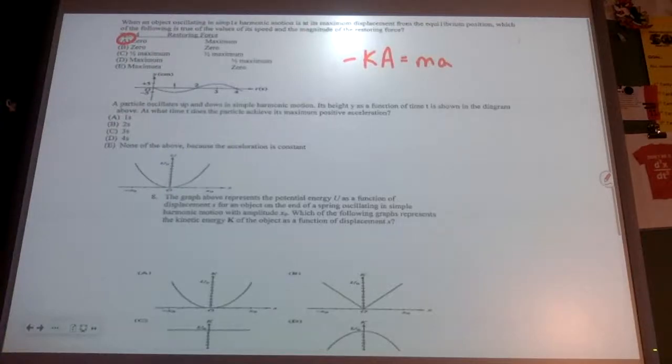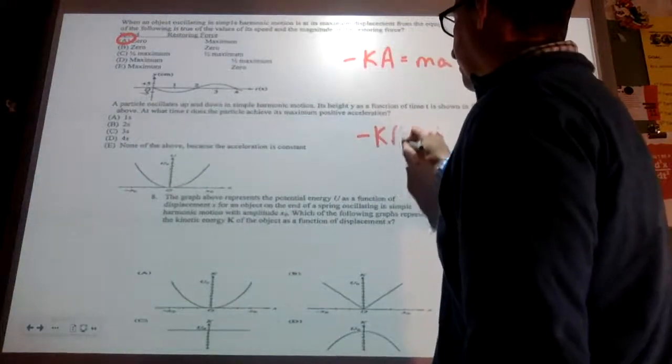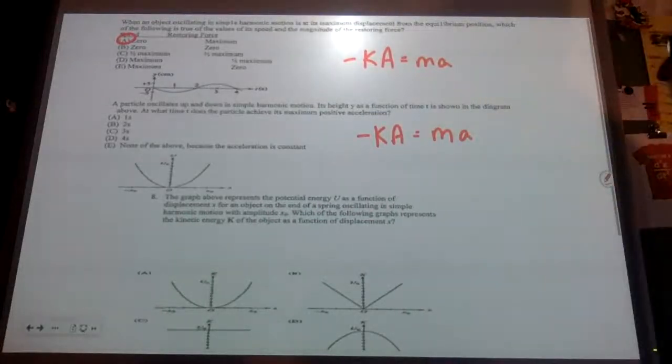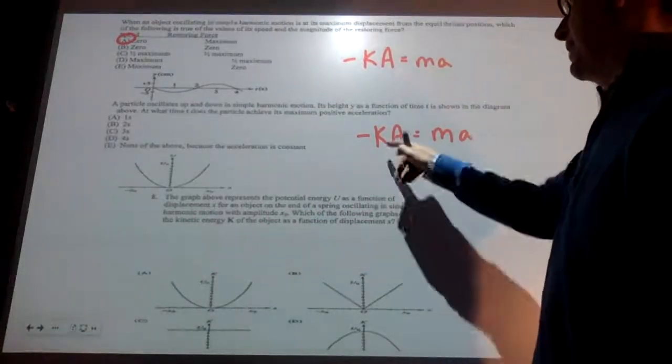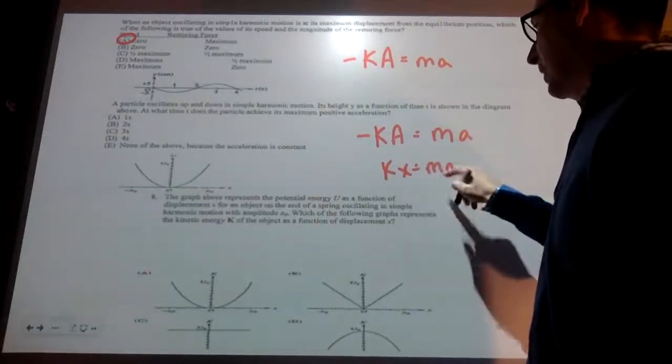A particle oscillates up and down in simple harmonic motion. Its height y as a function of time is shown in the diagram above. At what time does the particle achieve its maximum positive acceleration? Again, we know that kx is ma.